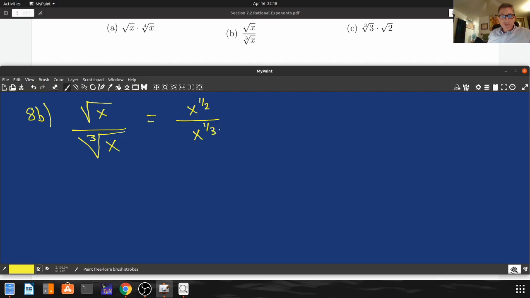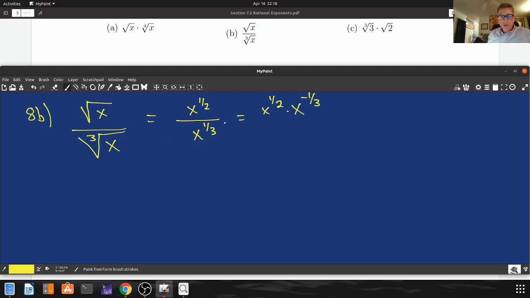Since 1/2 is greater than 1/3, I'm going to pull x to the 1/3 up, and it becomes x to the minus 1/3.